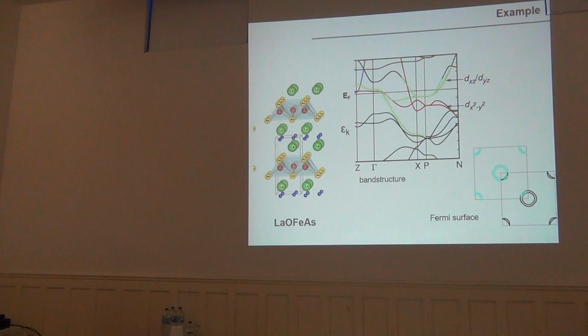The spin system basically adapts to this kind of scattering, so that you go into a more stable state than what you would have if the electron were scattering along this nesting vector.